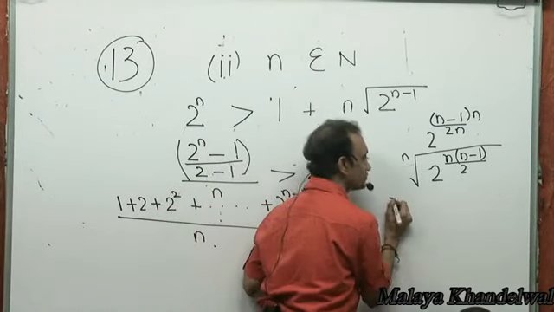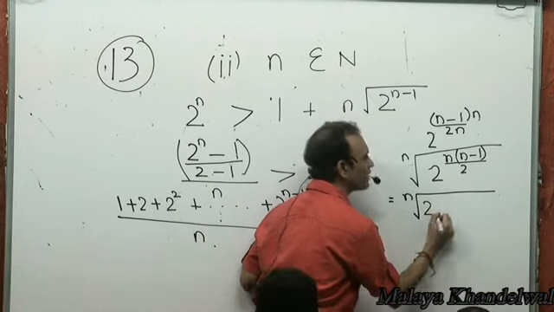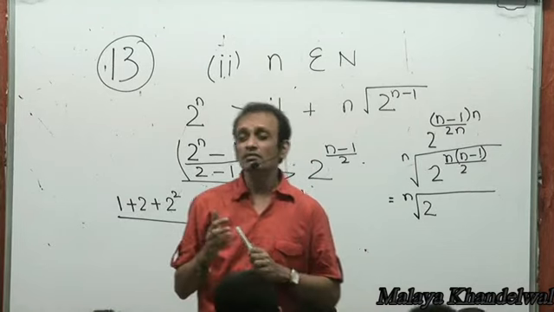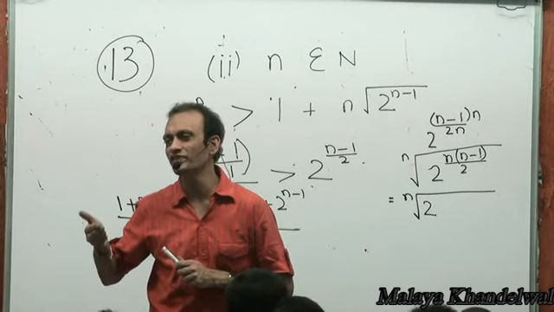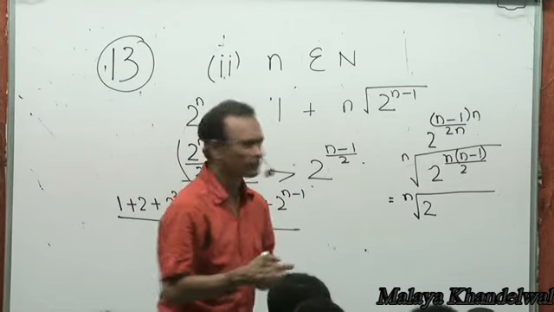Which is like nth root of 2 to the power n into n minus 1 by 2. What is n into n minus 1 by 2? Sum of the first n minus 1 natural numbers. Yes or no?